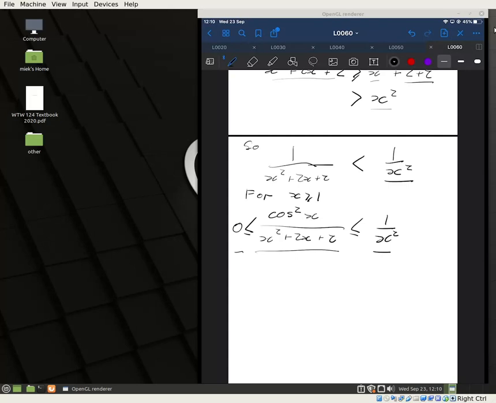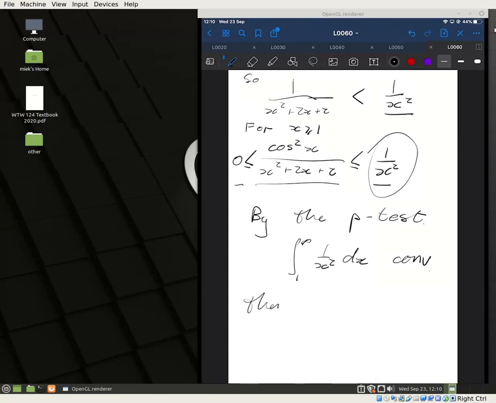Okay, but we know something here. By the p-test, the integral from 1 to infinity of 1 over x squared dx converges.